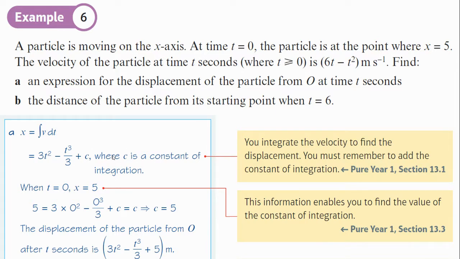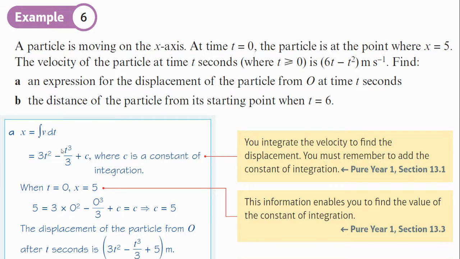And further than that, we have got enough information to work out what c is, because we're told at time t equals 0, the particle is at the point where x equals 5. So we can substitute in 0 for t and 5 for x. So we've got 5 equals 3 times 0 squared minus 0 cubed over 3 plus c. And that way we can get that c equals 5.